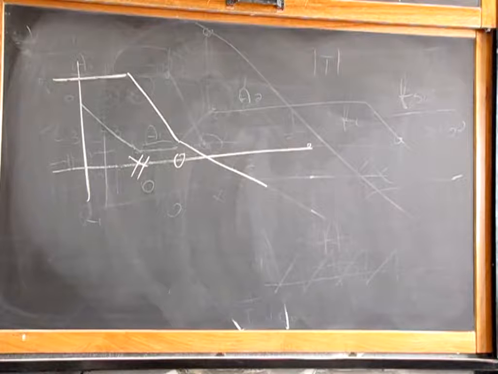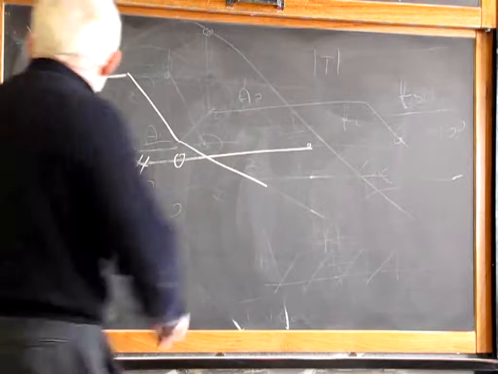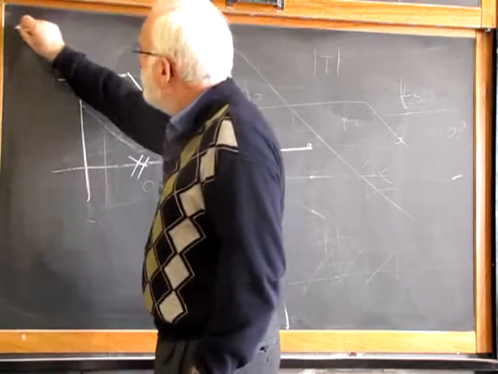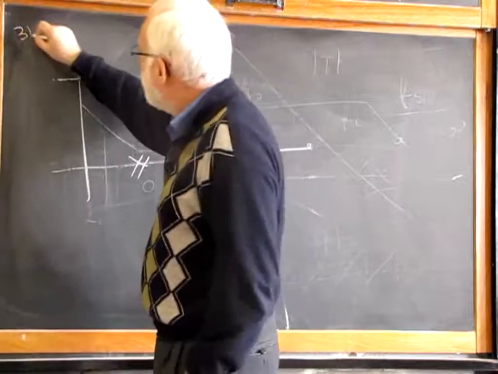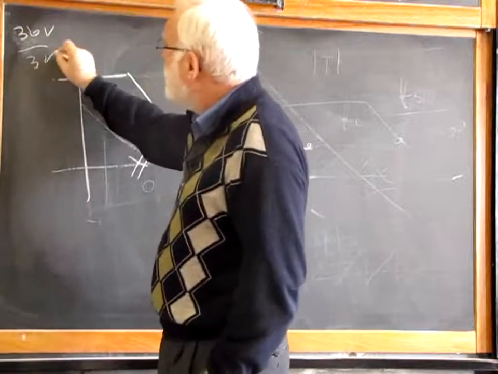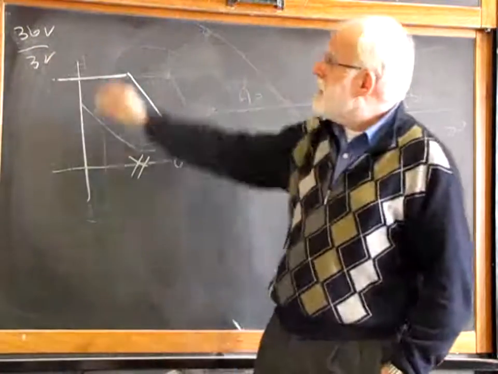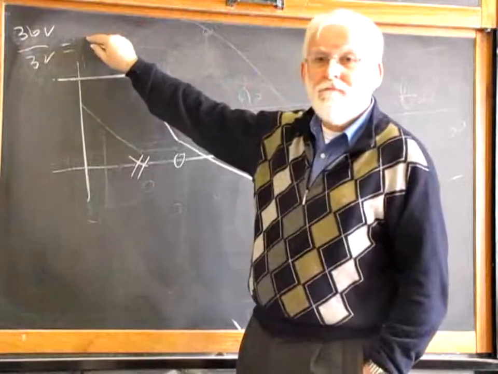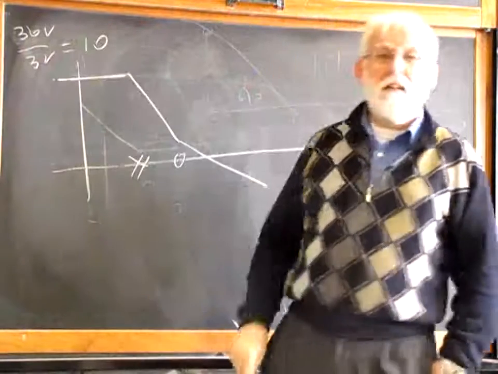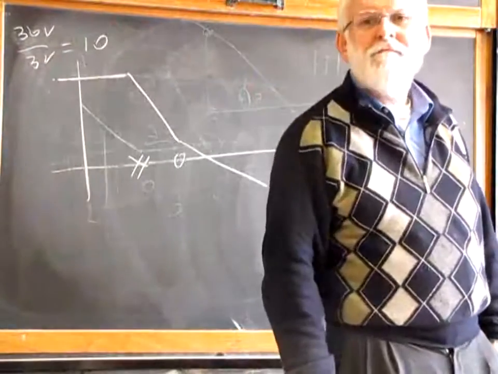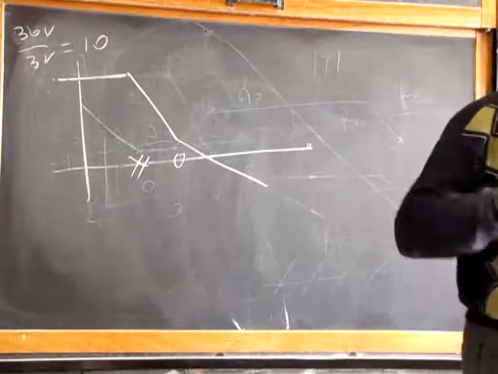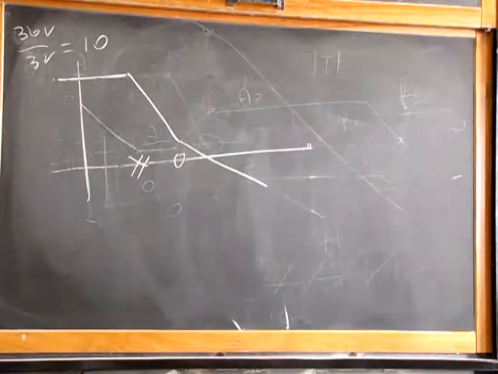As a gain? Dimensionless. Volts divided by volts is dimensionless. So the maximum gain over here is 30 volts divided by 3 volts, that is equal to how many dBs? 20 dBs. Don't use dBs in this case.